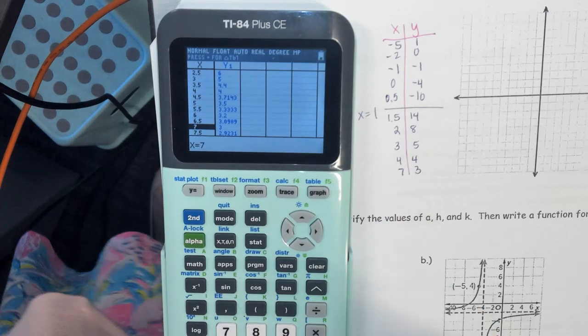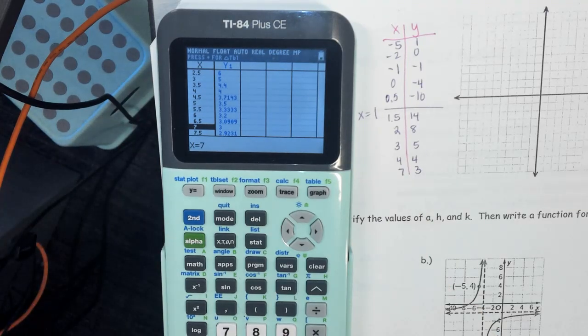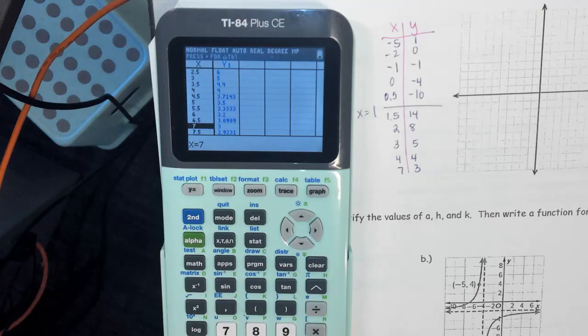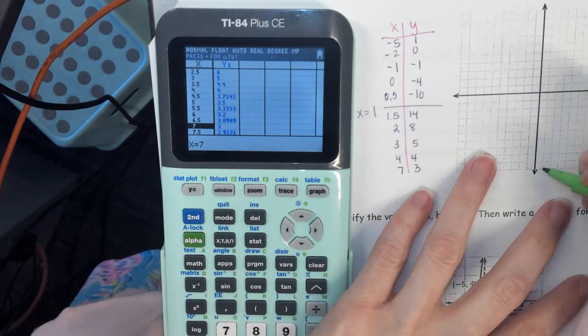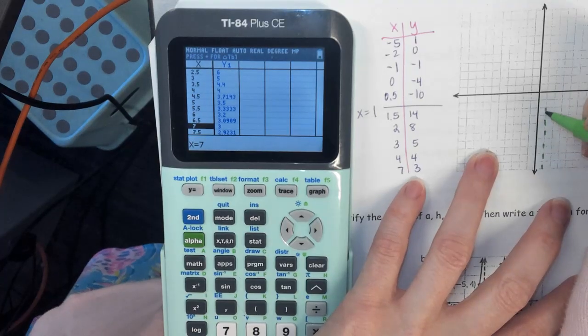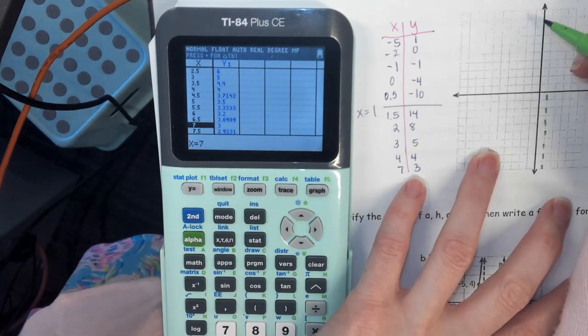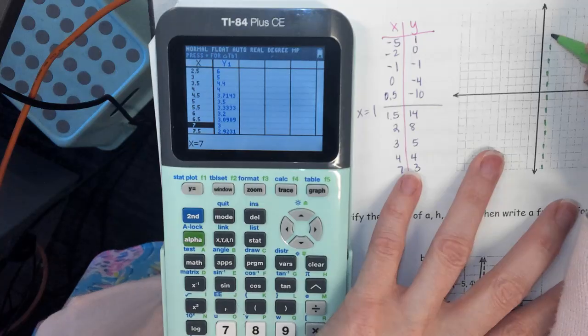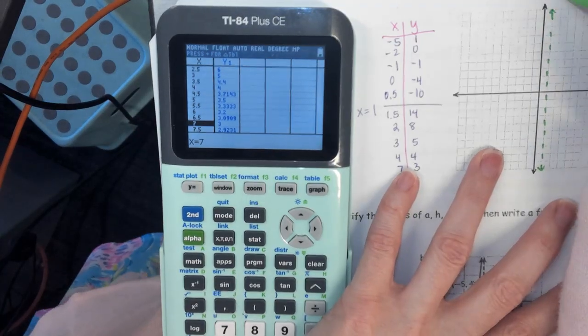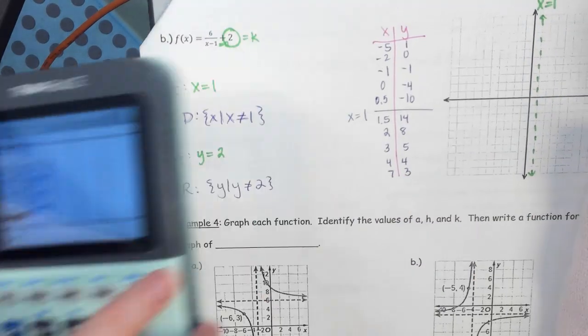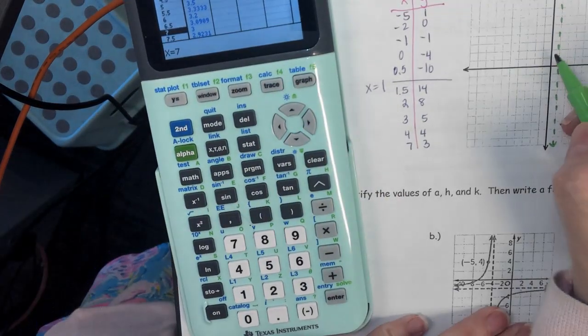Okay, so I'm not going to graph the 1.5, 14. I'll put that one on there. And then I always like to put in my asymptotes before I graph, so I know how I want to curve my lines. Okay, so this was x equals 1, and then I have y equals 2.